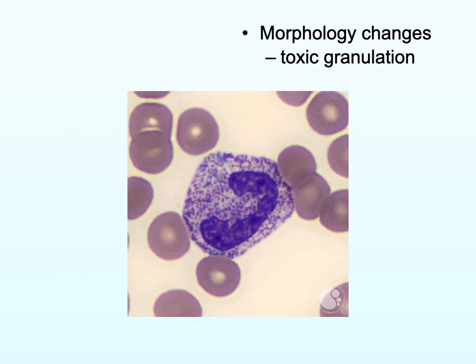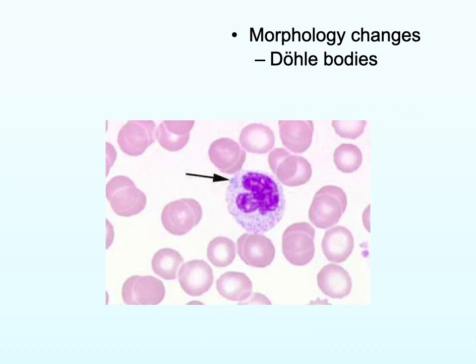Toxic granulation is the term used to describe the presence of red-purple granules in the cytoplasm of band neutrophils. Infection is the most frequent cause of toxic granulations. Döhle bodies are light blue-gray, oval, basophilic leukocyte inclusions located in the peripheral cytoplasm of neutrophils.